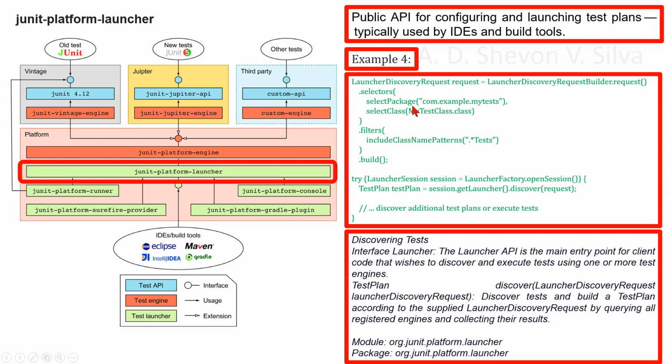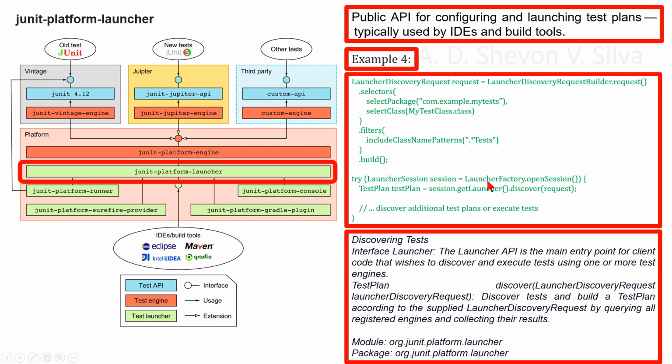Here selectClass method creates a class selector for the supplied class. Here the filters method adds all the supplied filters to the request. And here build the LauncherDiscoveryRequest that has been configured via this builder.